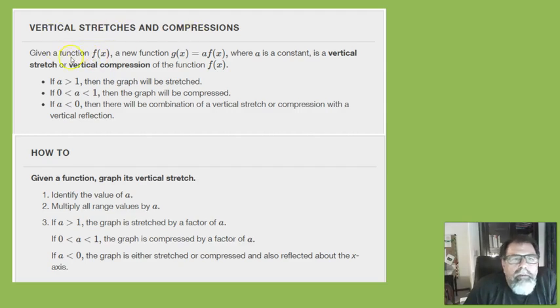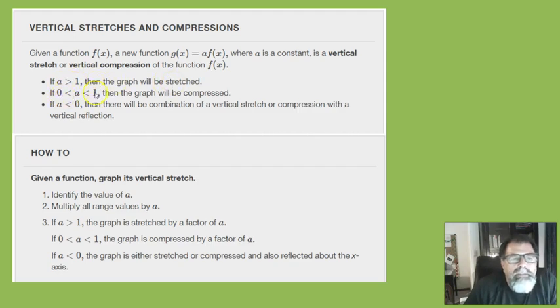Vertical stretches and compressions: given a function f of x, a new function g of x equals a times f of x, where a is a constant, is a vertical stretch or a vertical compression of the function f of x. The way you know if it's a stretch or compression, as I was mentioning on the graph, is if a is bigger than 1, it's a stretch.